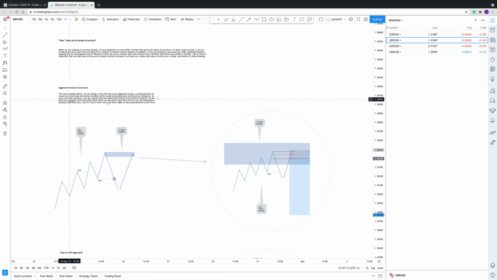Once price broke structure, we can classify this as the market shifting from bullish to bearish, because we've seen large momentum. So with the BOS, meaning break of structure, once we get that, we form a supply zone and order block, which we can look to get short from, as we can anticipate a pullback into that zone and for future lower lows and lower highs to take place.